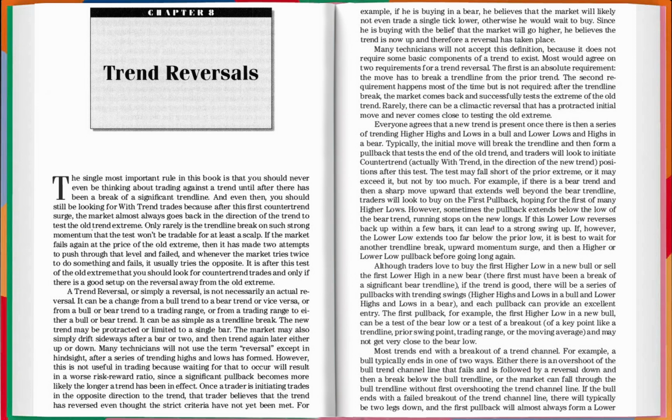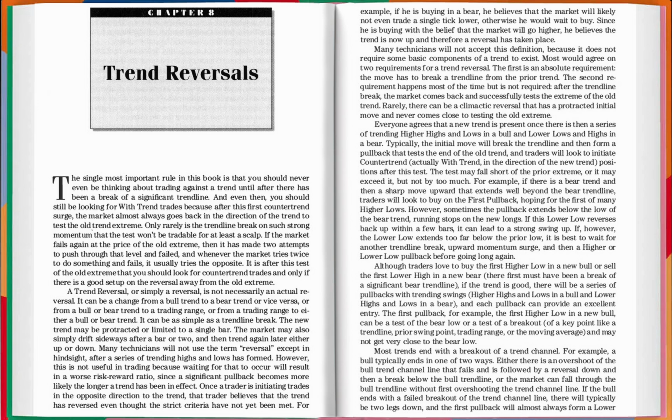The market may also simply drift sideways after a bar or two, and then trend again later either up or down. Many technicians will not use the term reversal except in hindsight, after a series of trending highs and lows has formed. However, this is not useful in trading because waiting for that to occur will result in a worse risk-reward ratio, since a significant pullback becomes more likely the longer a trend has been in effect.